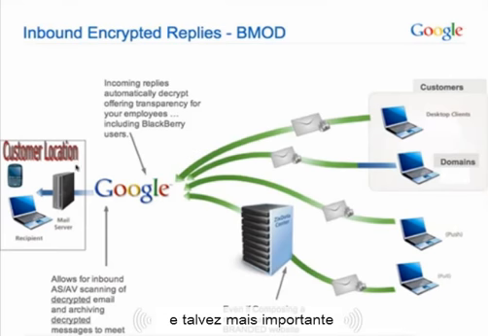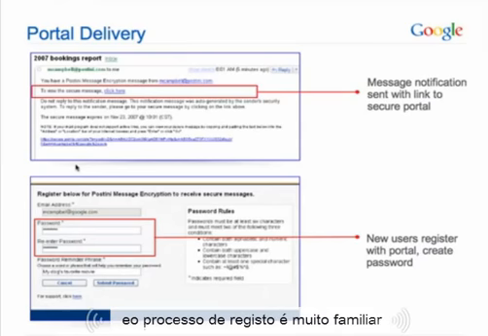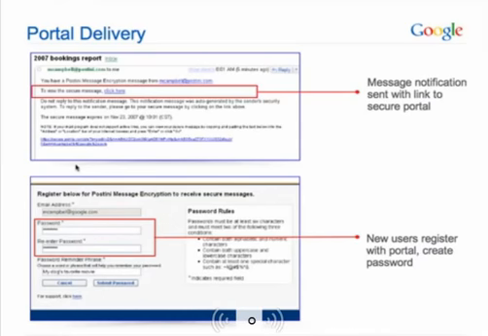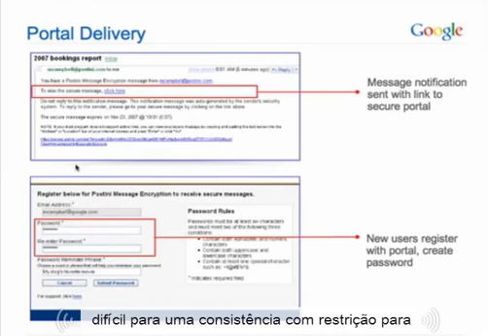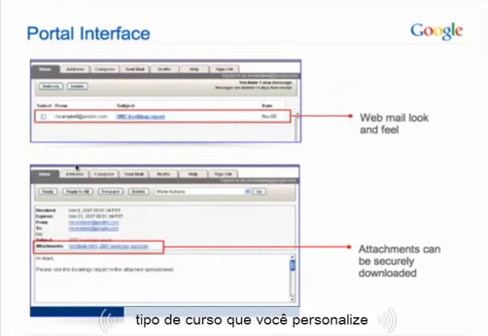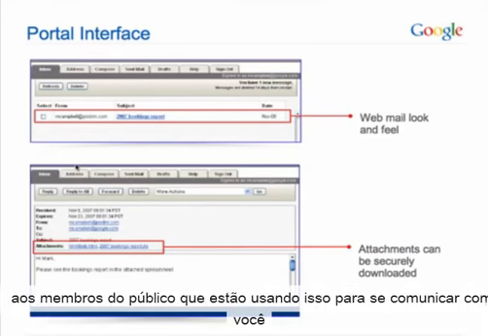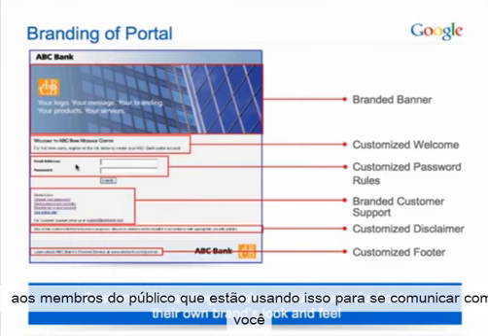And perhaps more importantly, in the case of the online portal, the notifications are very simple and the registration process is very familiar based on the typical practices associated with registering for an online commerce site or an online banking session. You can, of course, customize the contents of the interface and determine what options are available to those members of the public that are using this to communicate with you.